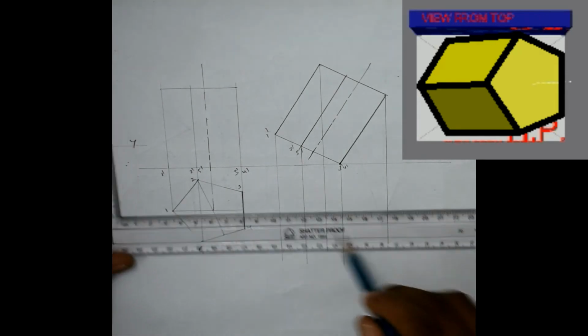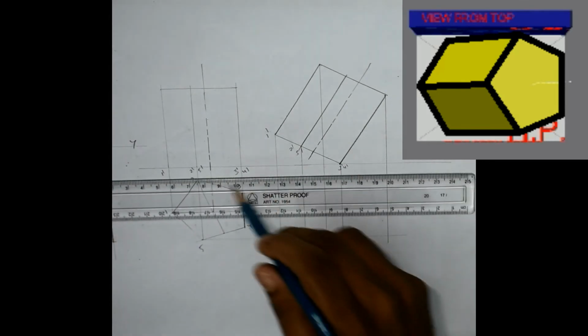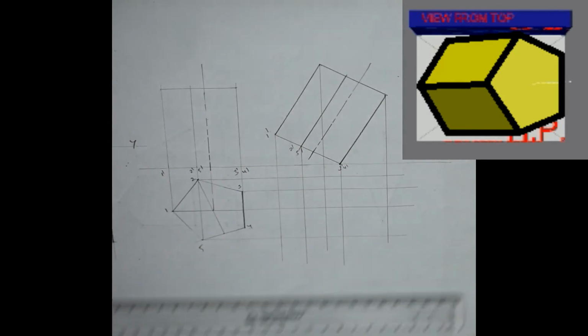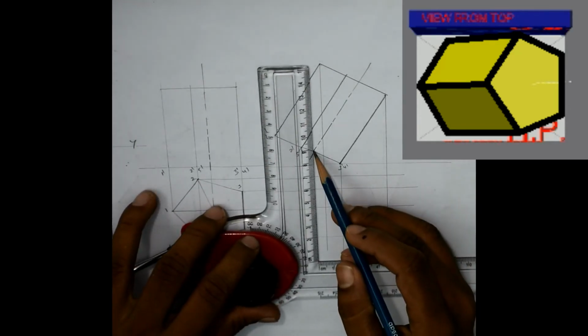Also from this top view. Now we will match this point and also the axis line is required.